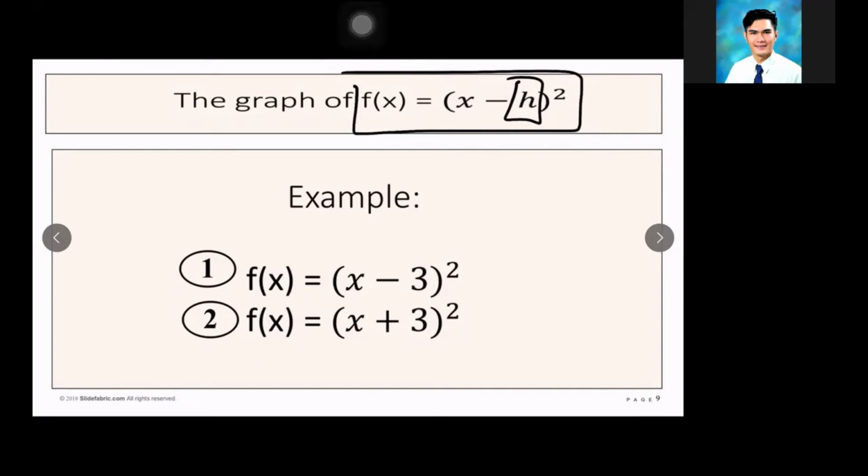We have f(x) = (x − 3)², and we have f(x) = (x + 3)². So we have these two examples, and later on, we will be identifying the behavior of the graph when there is involvement of letter h.